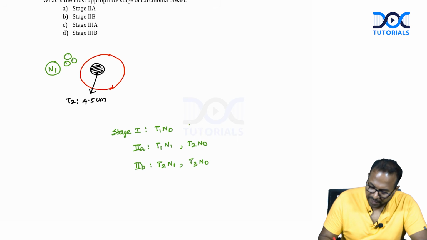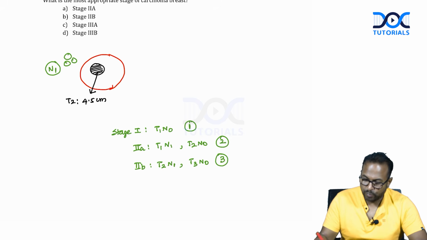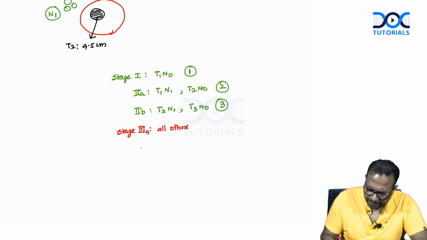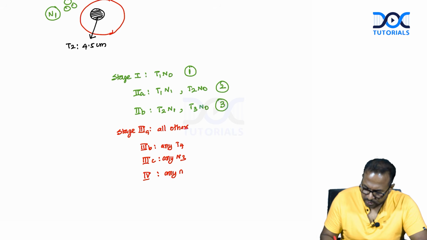So please remember, when I count, if it comes 1, if it comes 2, if it comes 3, this is called stage 1, 2A, 2B, and stage 3A is all the others. 3B is any T4, 3C is any N3, and stage 4 is any M1. So this is the stage grouping.